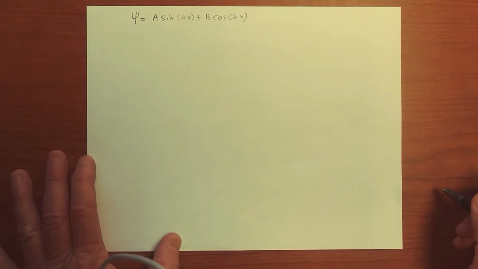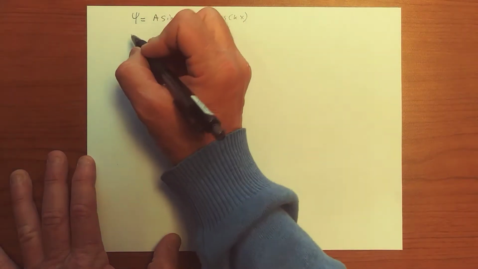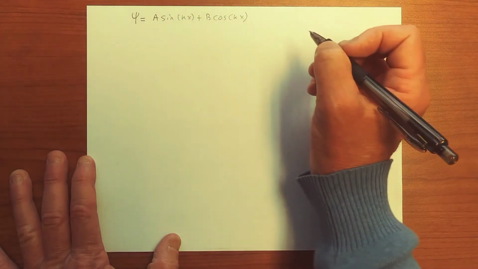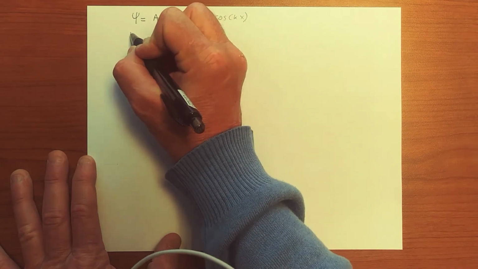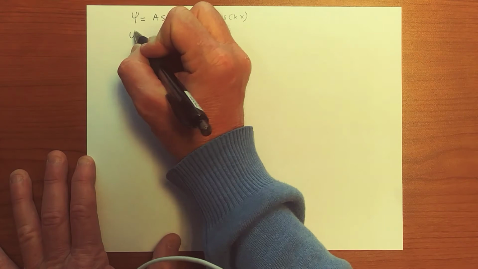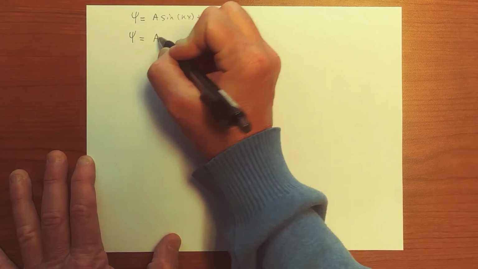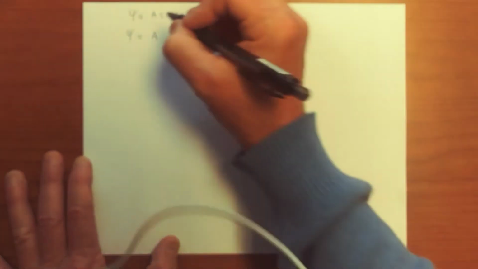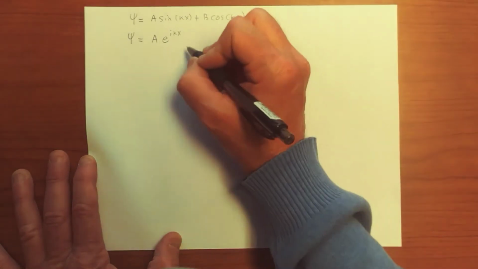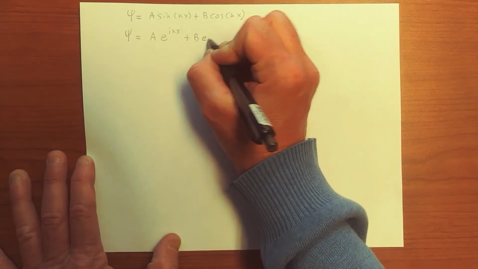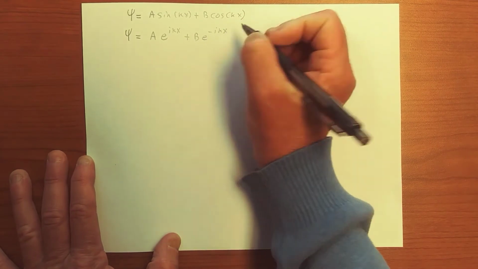But we could approach this more generally, and instead of fixing it in terms of sines and cosines, we could write the solution to the equation as a, we could leave them as complex exponentials, or e to the ikx plus b e to the minus ikx.